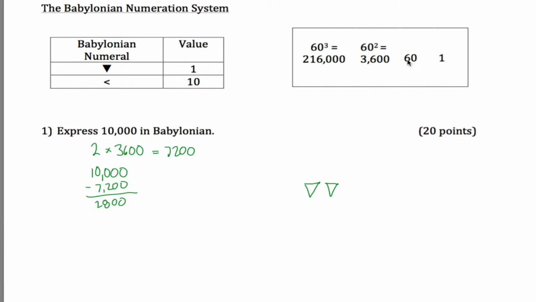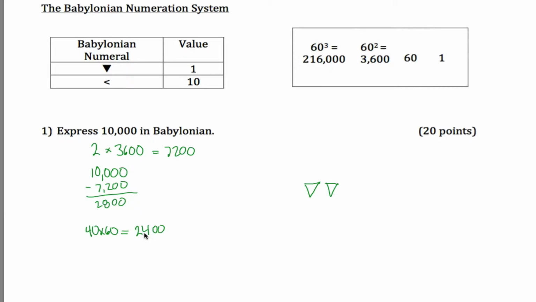And I got 2,800, and I'm thinking in terms of 60s here. Well, 40 60s would be 2,400, because 6 times 4 is 24. So that would leave me with 400 more. So how many more 60s is there in 400?